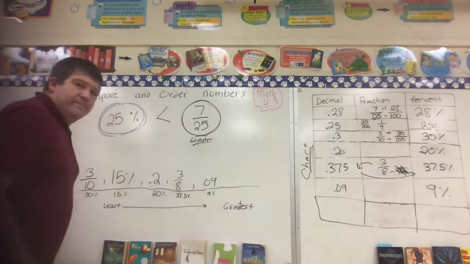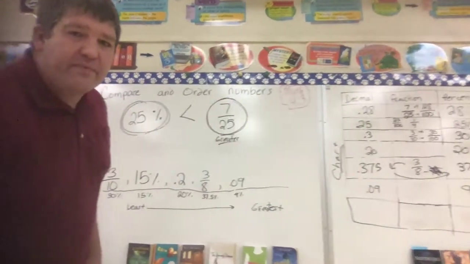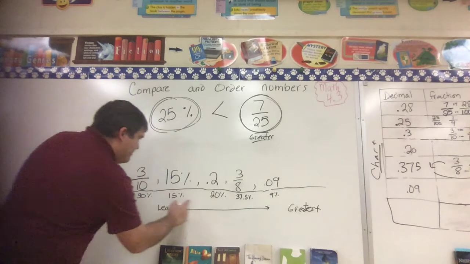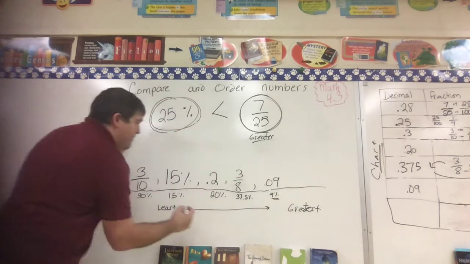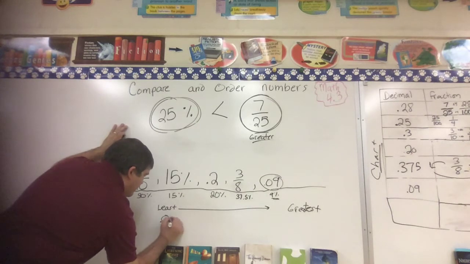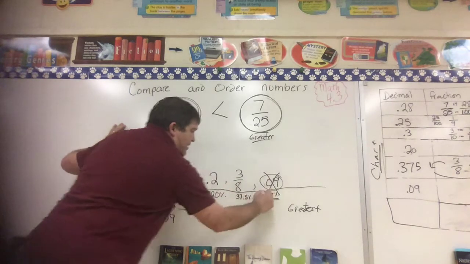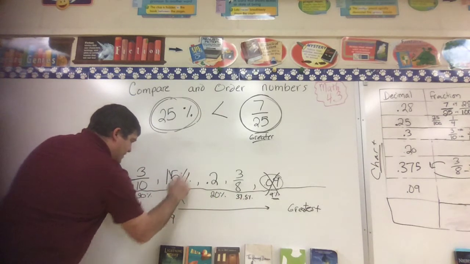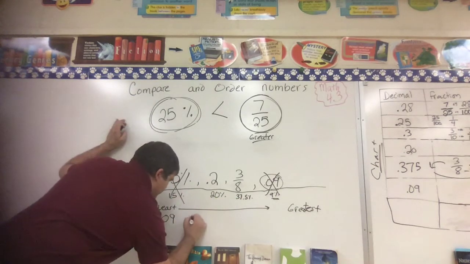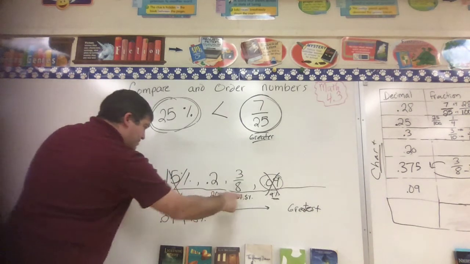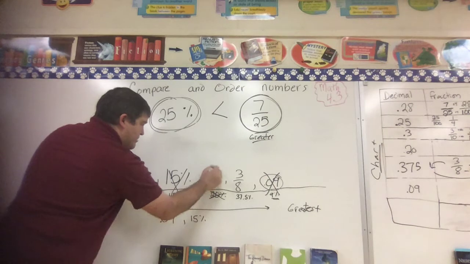Oh, that one's small. So now I come back over here and I look at the smallest one. The smallest one is 9%. So that one, but I go to the original, 0.09. Then I cross it off. Getting a little bigger would be this 15%. Then I want to go bigger than 15%, which would be 20%, which is 0.2.